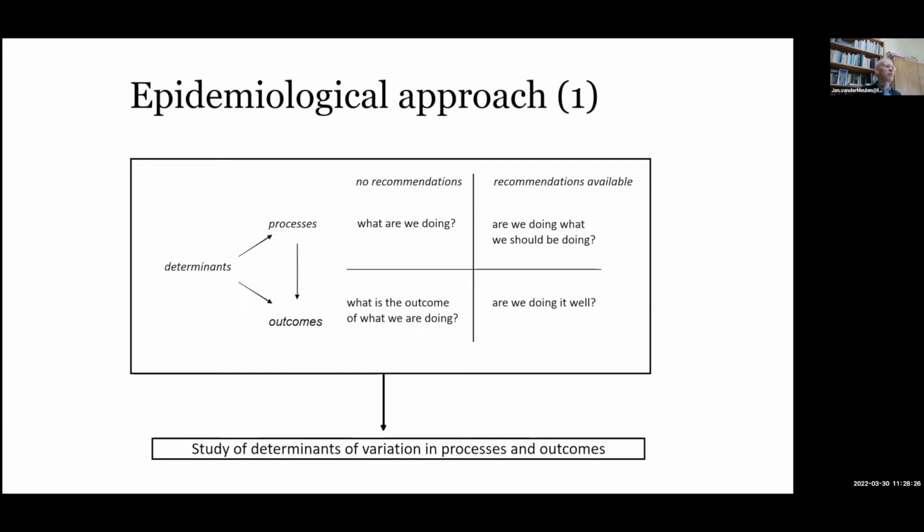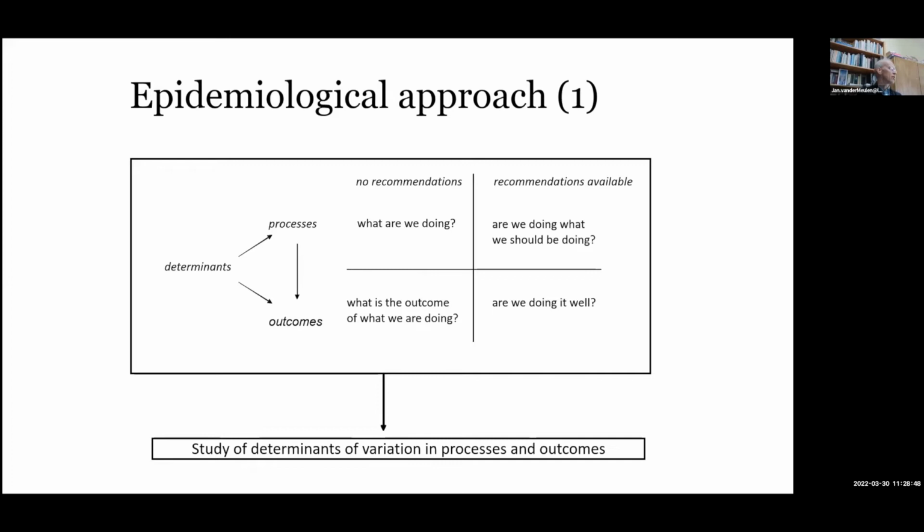And then there are two types of questions. Sometimes there are clear recommendations for practice, and then the questions become, are we doing what we should be doing? And sometimes there are no recommendations, and then the question with respect to processes is what are we doing in the first place?